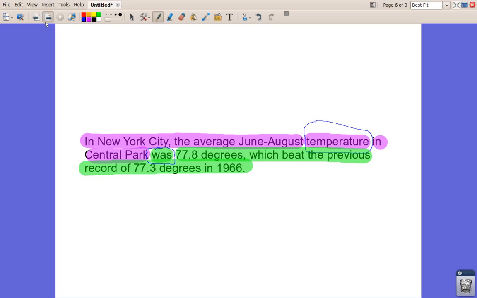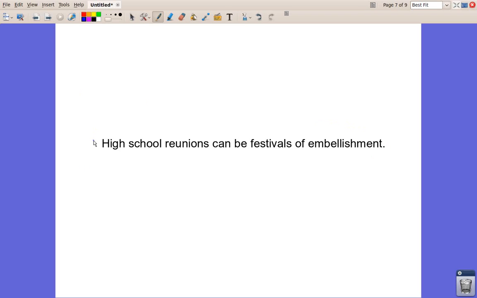Okay, let's move on. High school reunions can be a festival of embellishment. This is from an article about lying. See if you can find the verb. It's can, but we can actually say that it's can be.